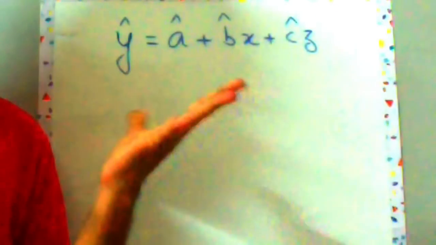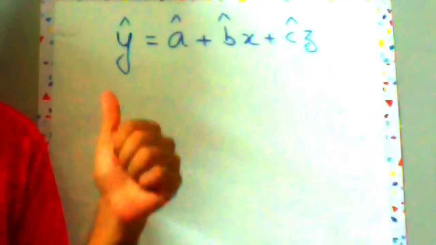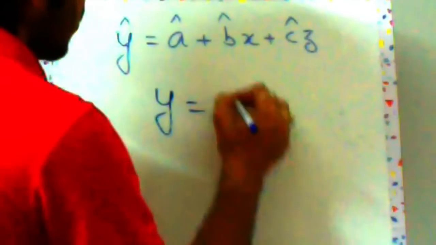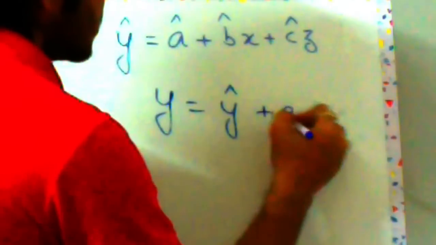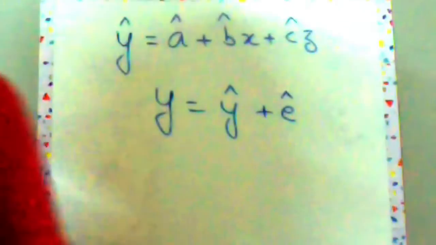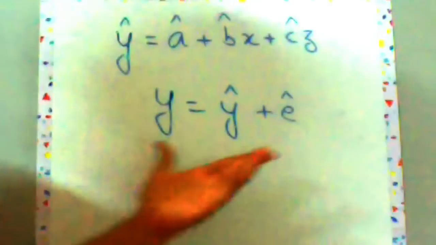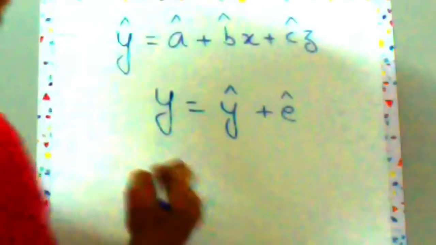And if we know y hat, we can express y in terms of y hat. Y will be equal to y hat plus e hat. And I'm pretty sure you know where we are headed towards. We'll be calculating the variance here.